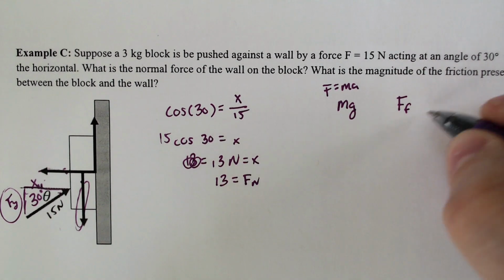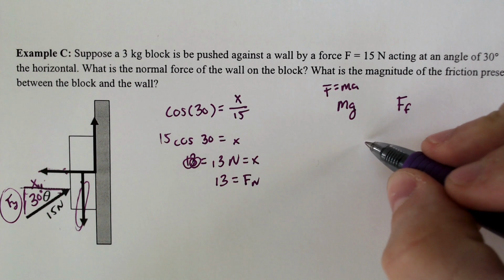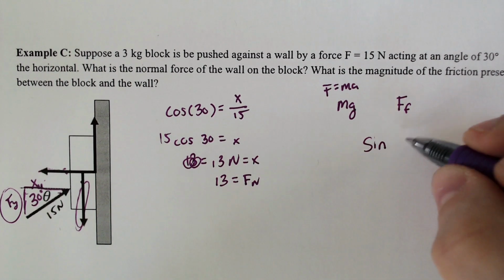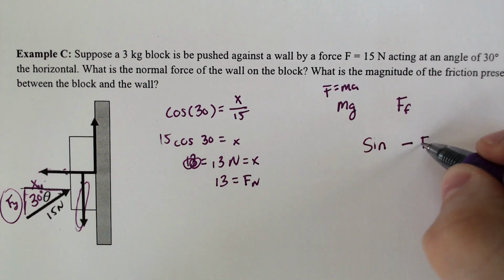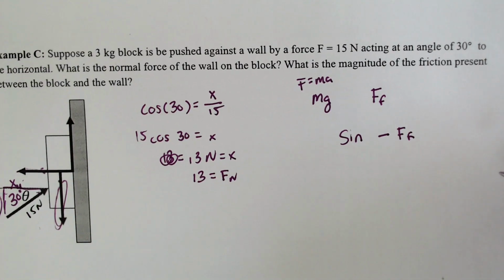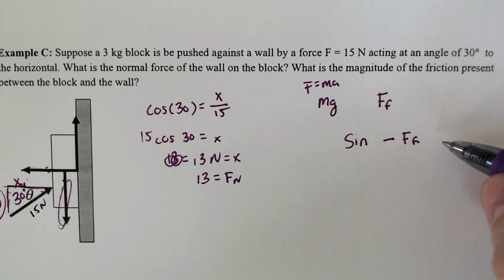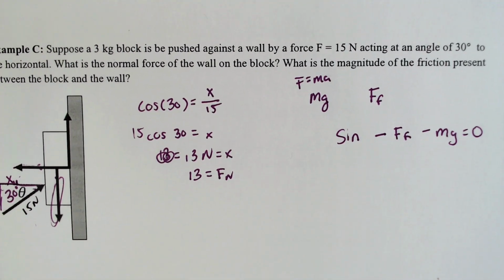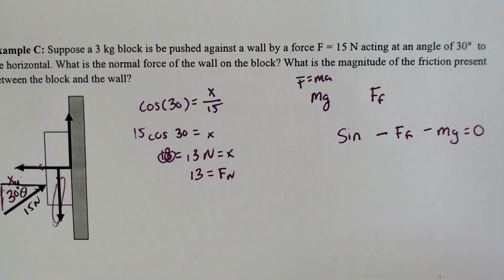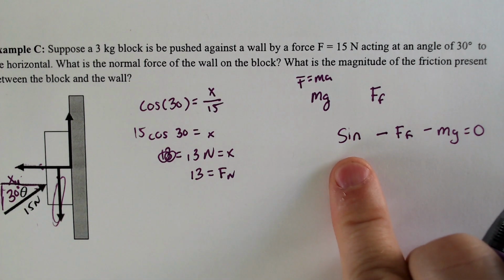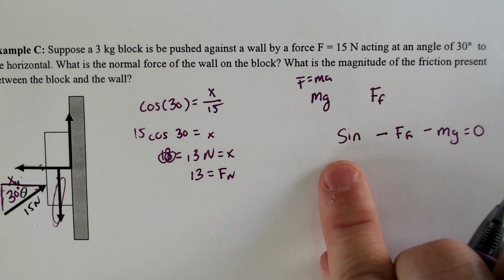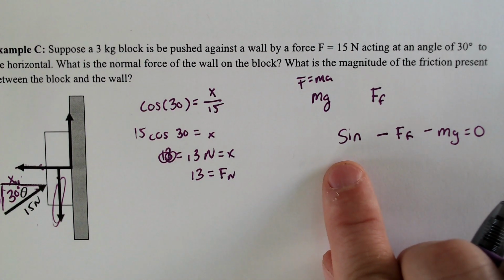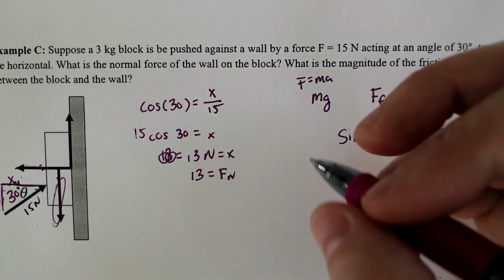So we would have the sine part taking away the force of friction, and it would be taking away the force of gravity. That must be equal to 0. Gravity is pulling down on us, friction is pushing against us, and sine is the only thing that is moving us upward. Okay? So let's write that again.